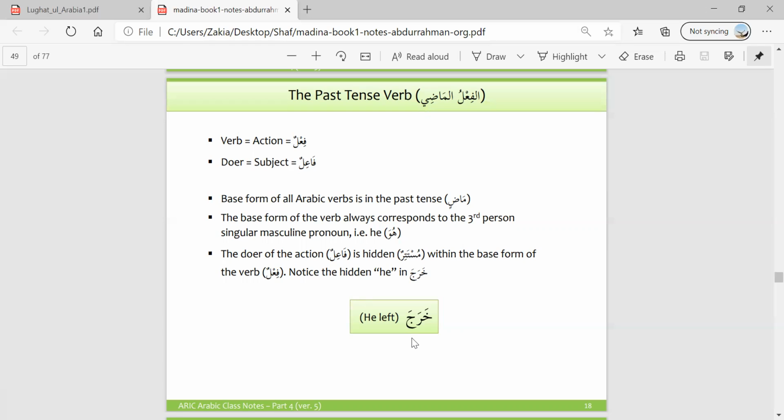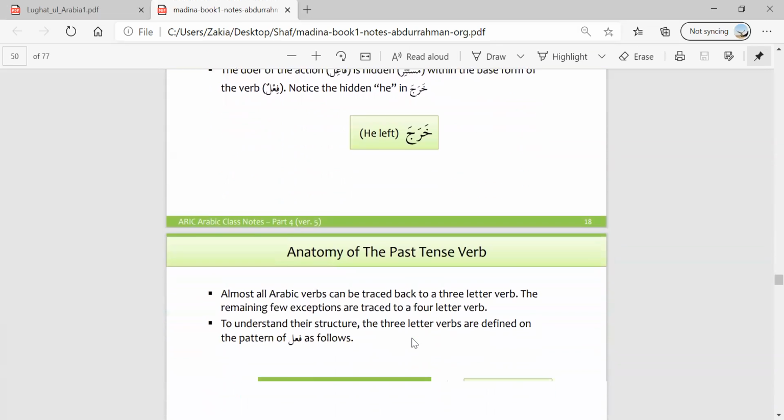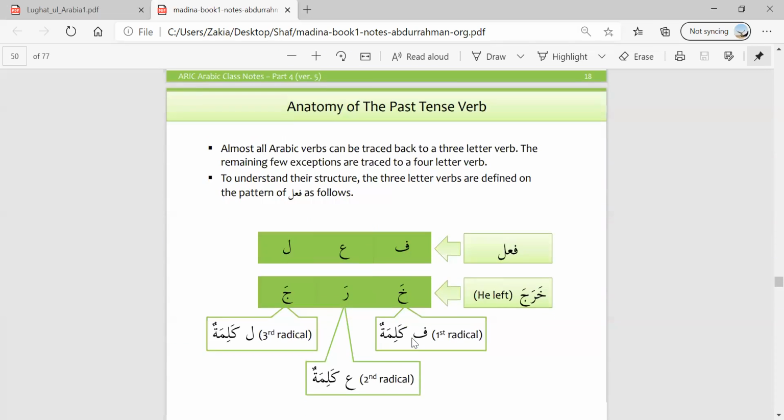But the base of the verb is ask. In Arabic, the base of the verb is a past tense. In English it's a present tense or present simple, but in Arabic it's the past tense, and you use it for the third person, huwa.